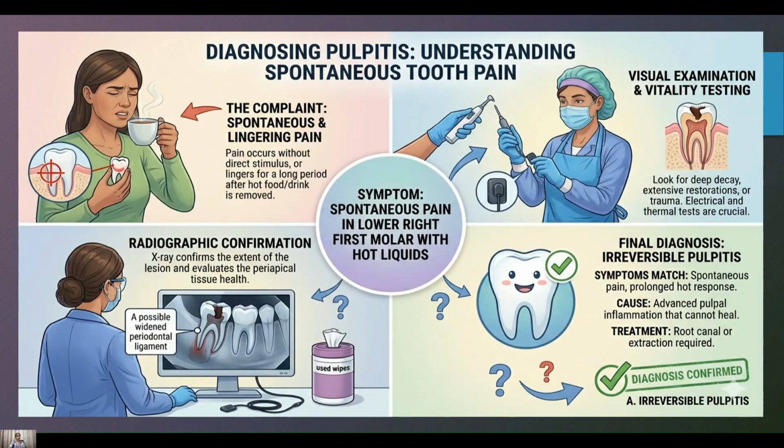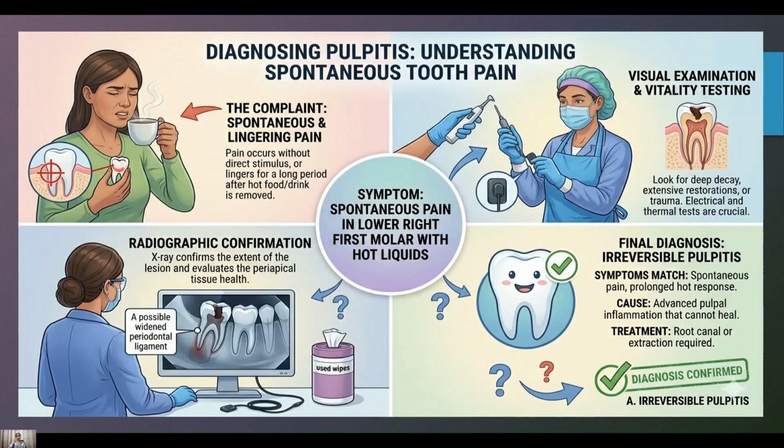Furthermore, when that throbbing ache disappears slowly, meaning it lingers long after the hot drink is completely gone, it tells us the pulp tissue inside the tooth is severely damaged, ischemic, and simply cannot heal itself. While reversible pulpitis stops hurting almost immediately after the stimulus is removed, irreversible pulpitis lingers on, letting us know the tooth has crossed the point of no return and needs a root canal or an extraction to feel better.